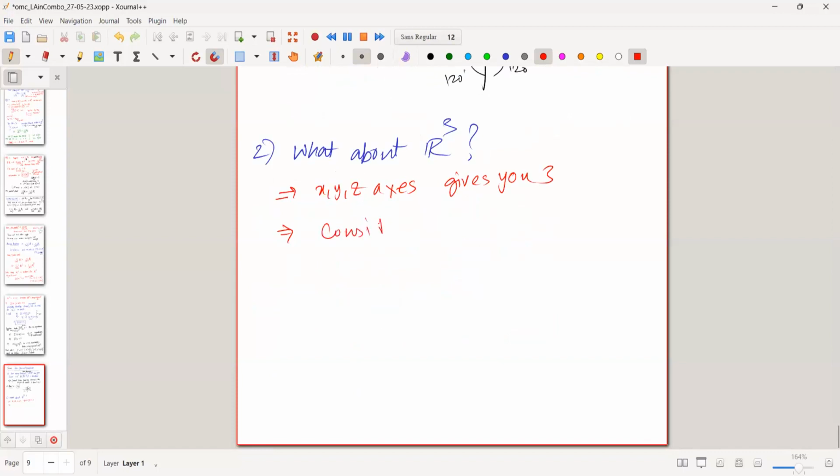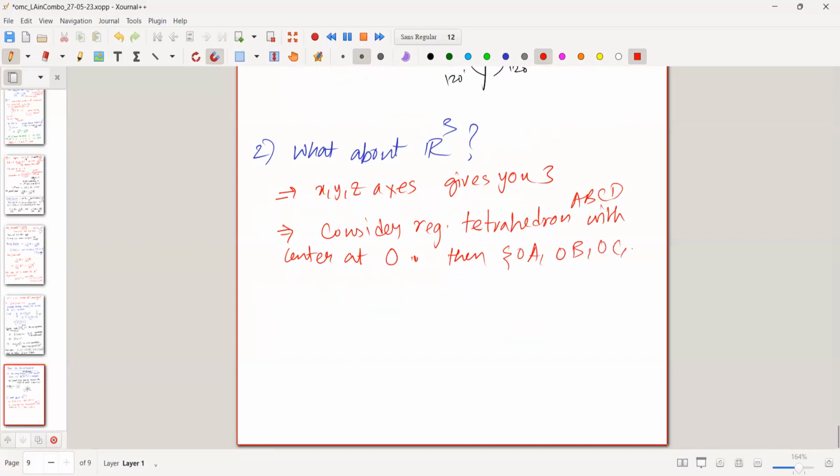So we can do 4. Consider a regular tetrahedron with center at O, named ABCD. Then the lines OA, OB, OC, OD work.